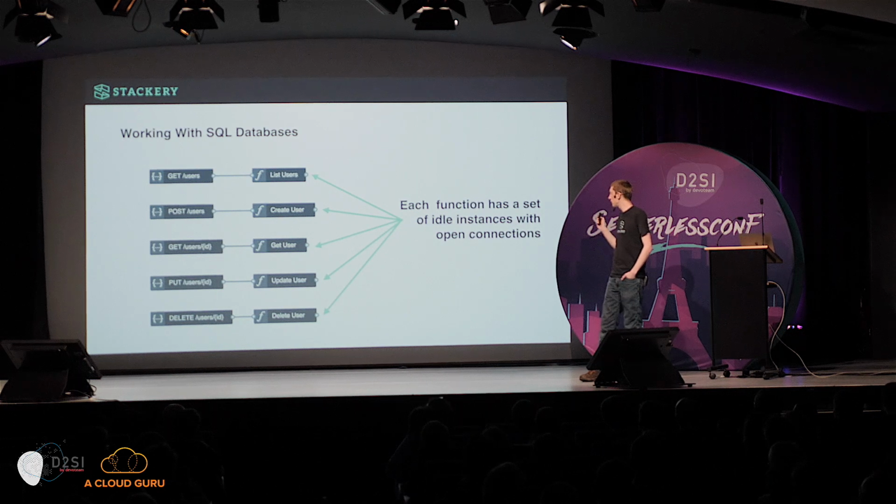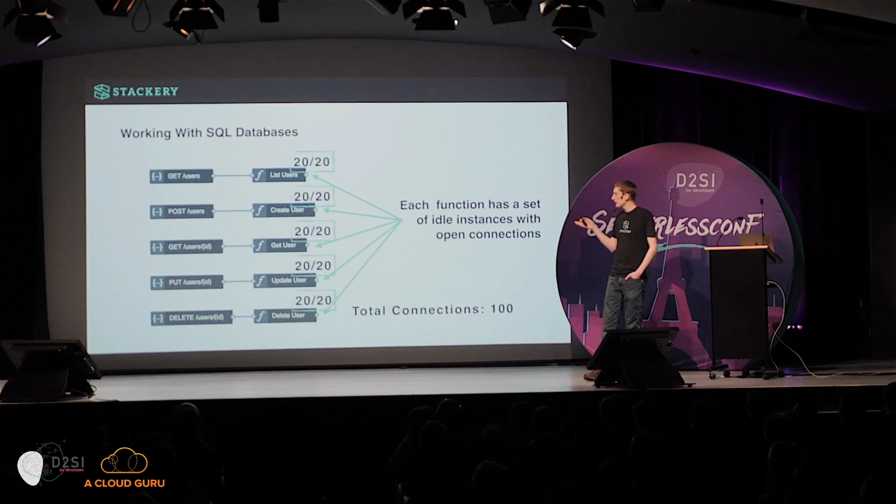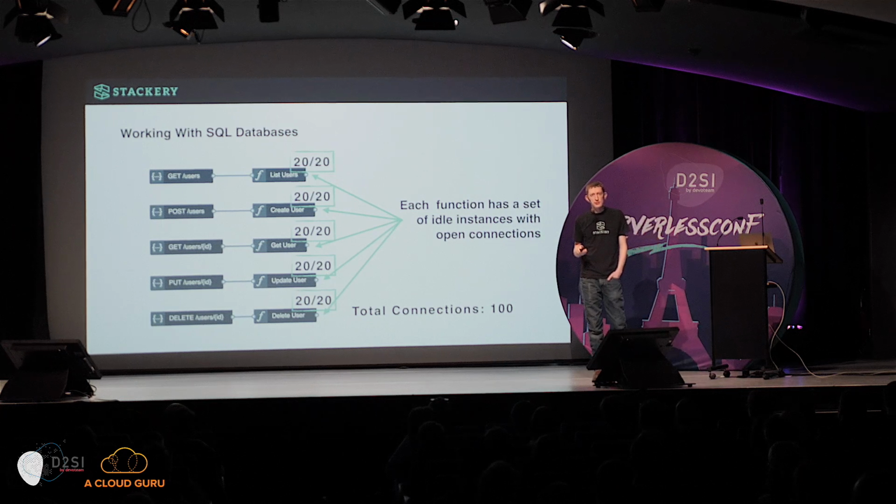Well, we know, first of all, that each function that has idle instances is holding open connections to the database. So now let's take an example. Let's say that across our API, we have even traffic, 20 requests concurrently for each of our functions. So in total, we're only using up 100 connections to the database.